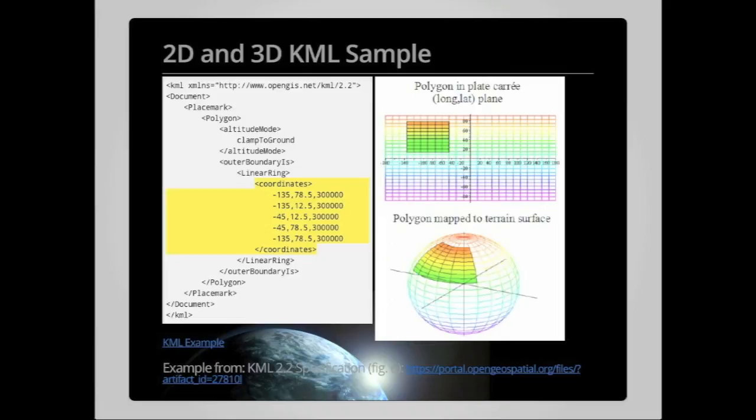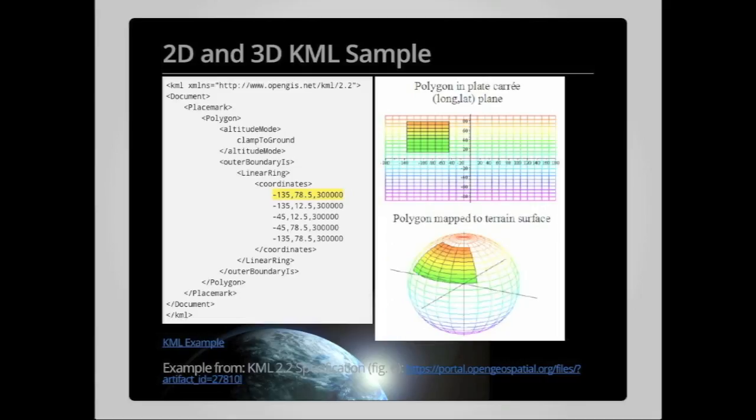You'll also notice that the format of these coordinates consists of comma-separated values, with the first 2 values, the longitude and latitude, required, the third, the altitude, being optional.